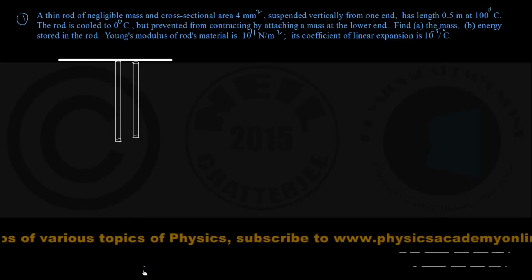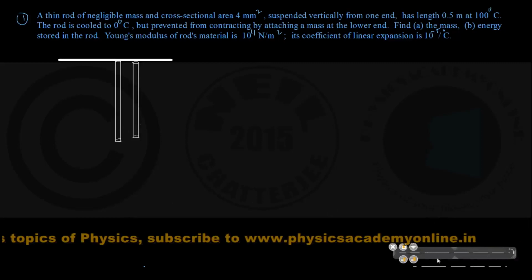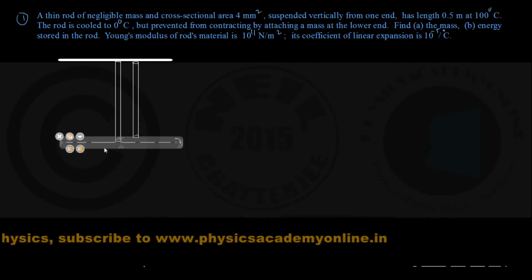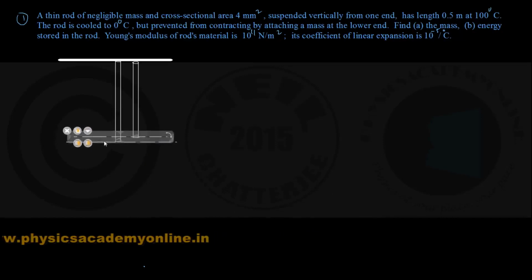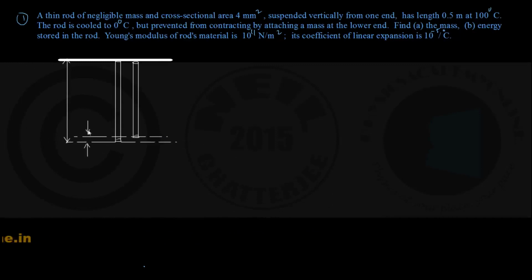So I can show the dimensions by drawing these horizontal lines. So the tip of the rod at these two conditions, and here you see the original length of the rod was L, right?